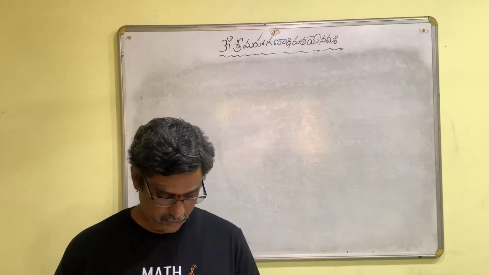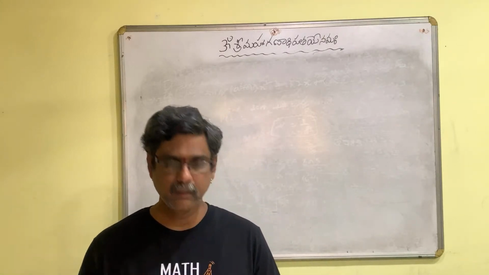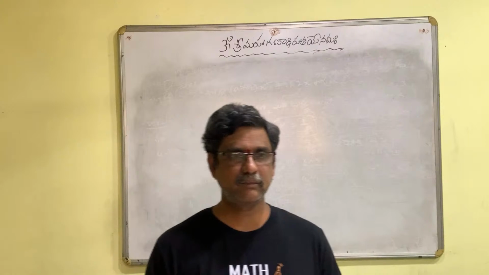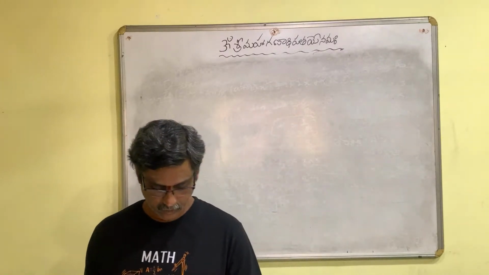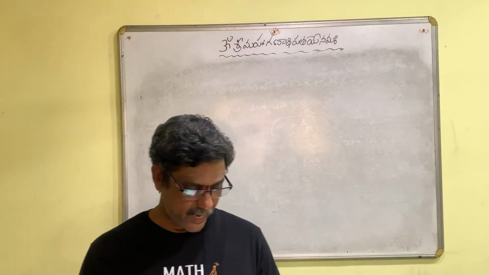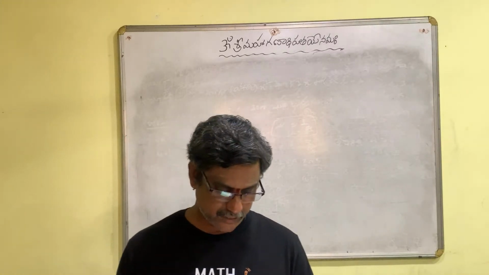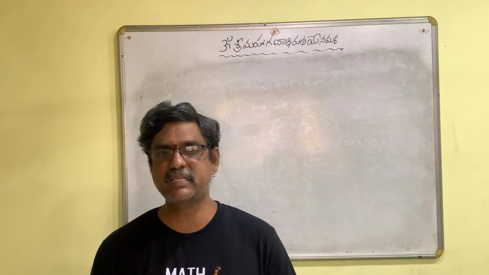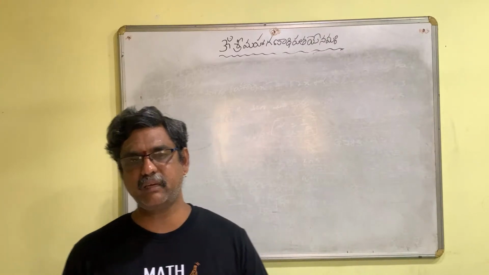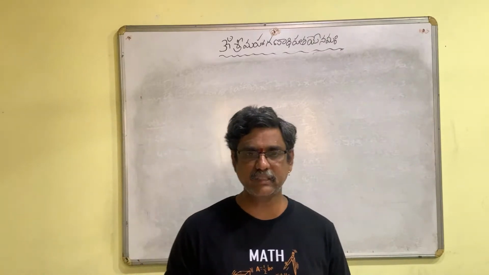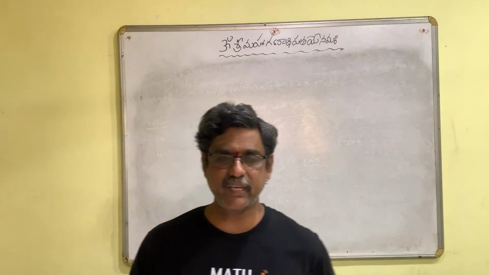Now, see the first question, children. In the standard form of quadratic polynomial ax square plus bx plus c, what are a, b, c? We already discussed it.